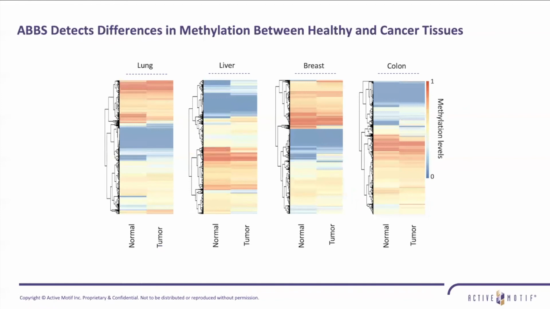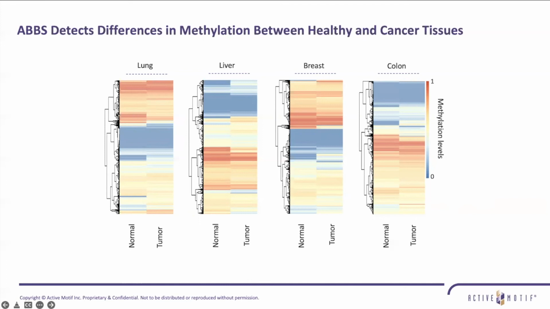Some unpublished data as well. We looked at the ability of ABBS to detect differences in methylation between healthy and cancer tissues. We used 4 tissues: lung, liver, breast, and colon. We looked at normal versus tumor and clustered the sites that are methylated. What you can see here are clusters and heat maps, and directly we can see that we spot differences.